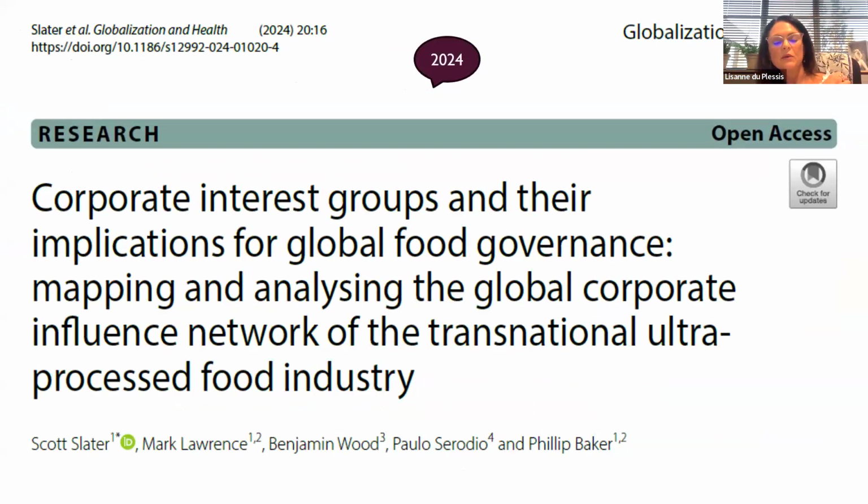And then lastly, I want to highlight this specific publication from very recently, Slater and co-workers. What they did was they looked at the mapping and analysis of corporate interest groups. And corporate interest groups are groups that lobby on behalf of other companies, and in this case, the ultra-processed food industry.